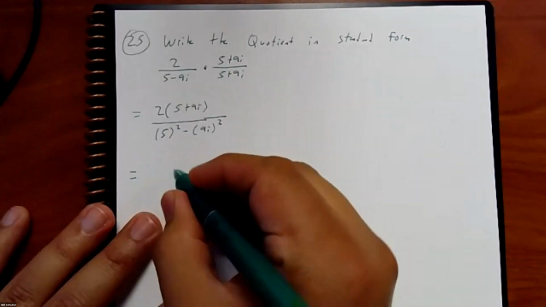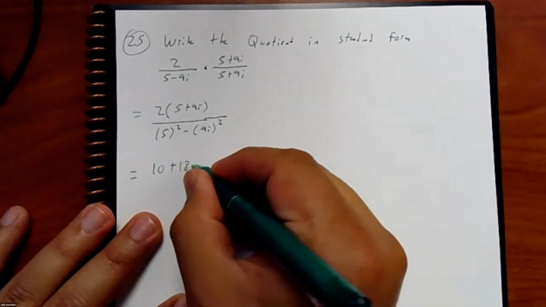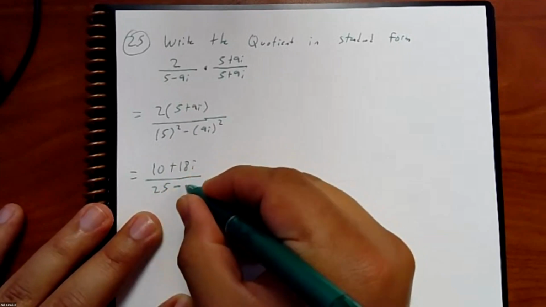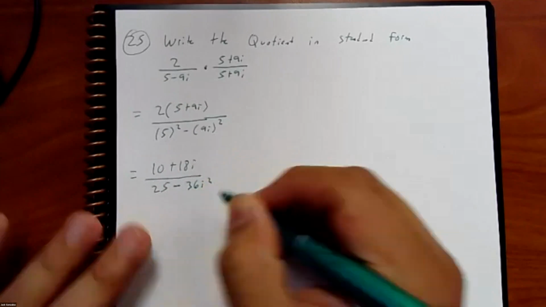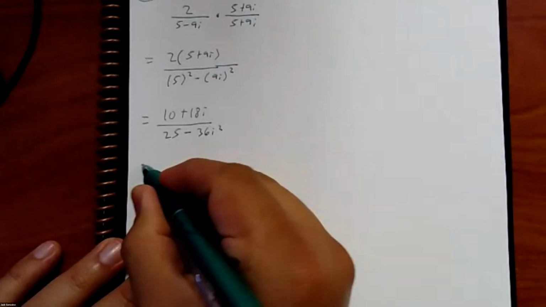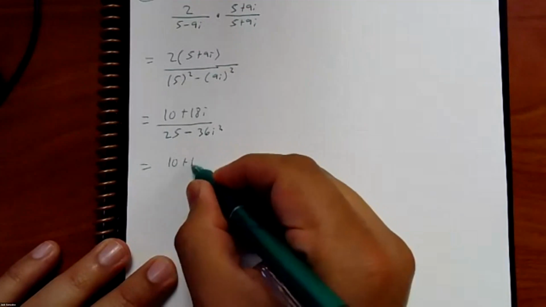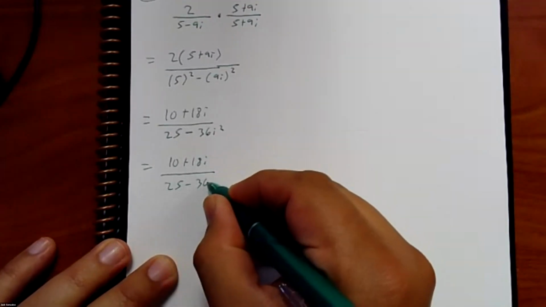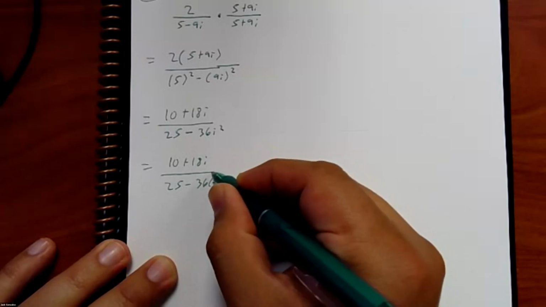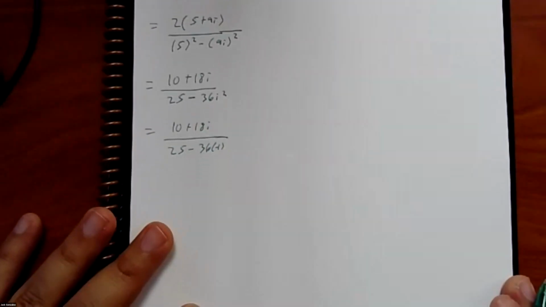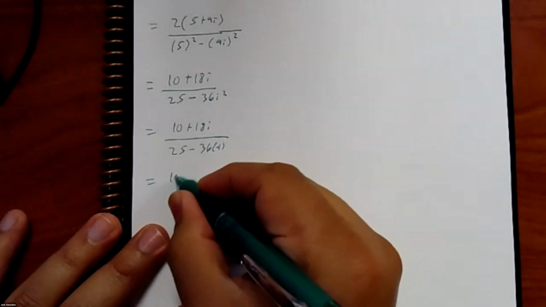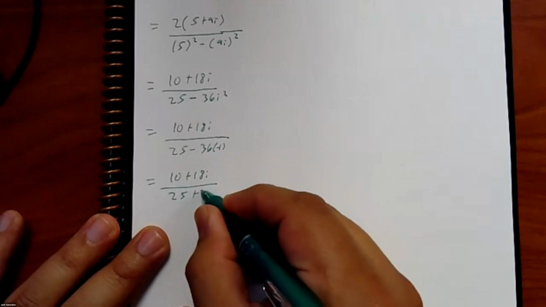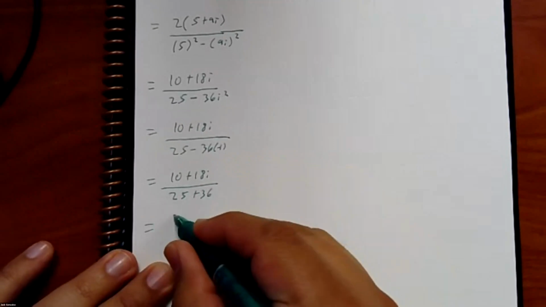So at this point, you get 10 plus 18i over 25 minus 36i squared. So this is 25 minus 36 times -1. So that becomes 10 plus 18i over 25 plus 36. No more i's.